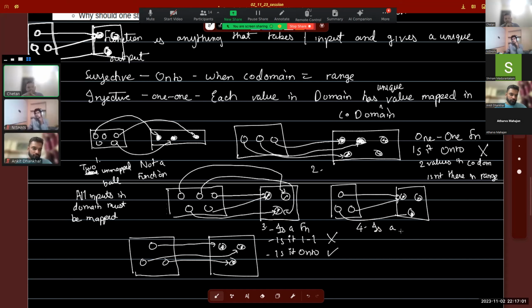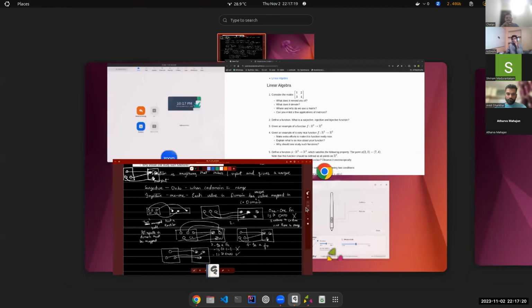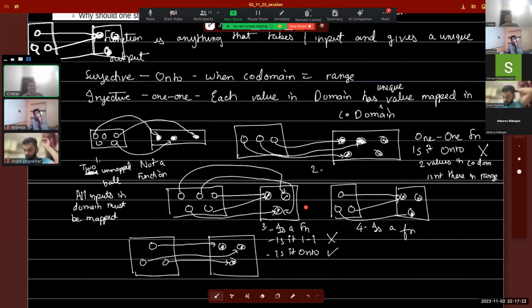Is it an onto function? Swapnil says yes, it's an onto function. Why is it an onto function? Because every element in my codomain is actually mapped to some element in my domain.